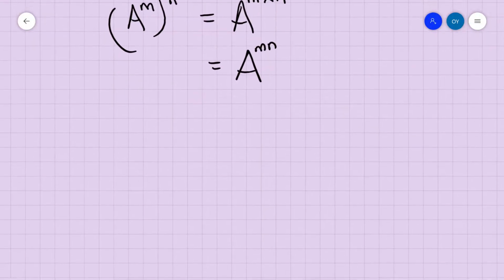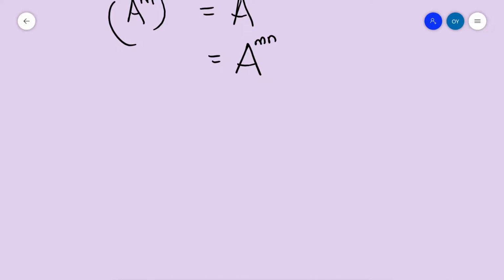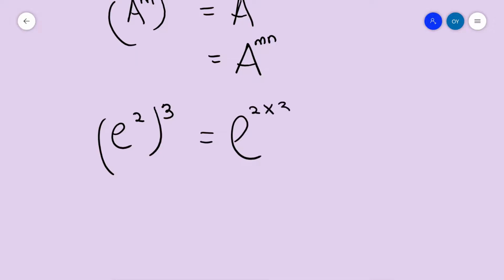An example here is e to the power of 2 all to the power of 3. This means e to the power of 2 times 3, and here is e to the power of 6.